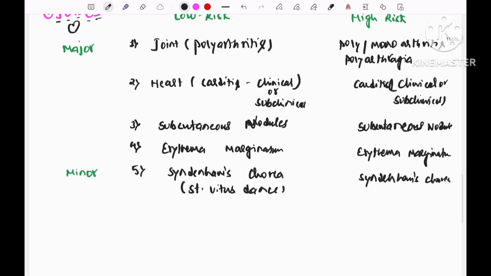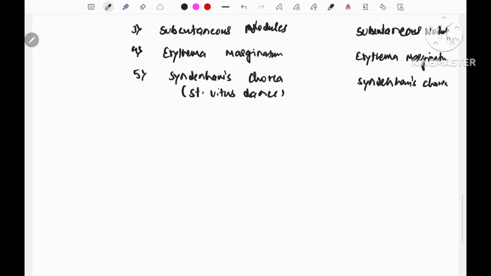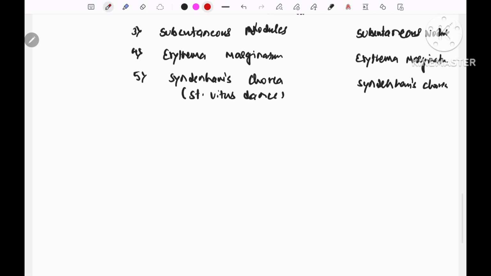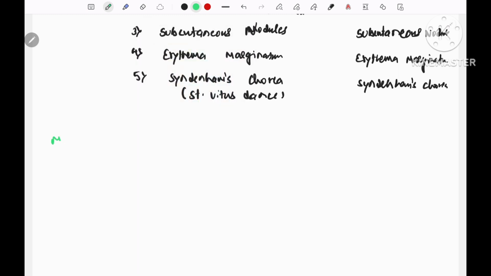Now let's talk about the minor criteria. In case of minor criteria, I basically remember the mnemonic as ITERIA, from criteria it is ITERIA. At first we'll talk about low risk and high risk.